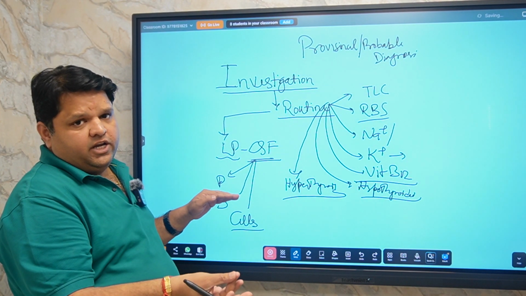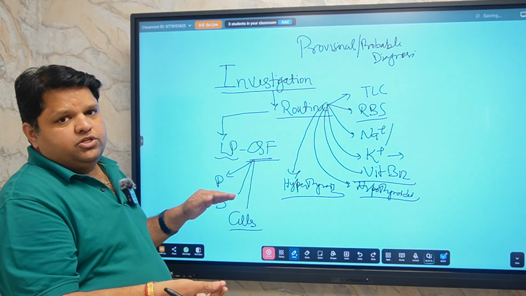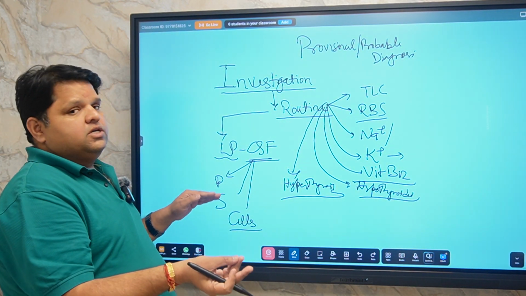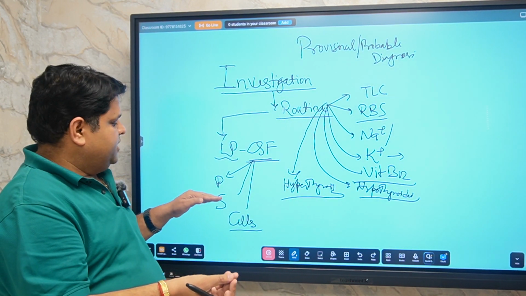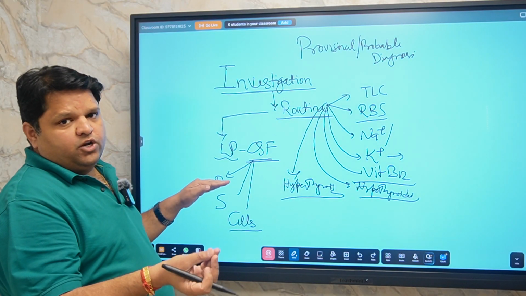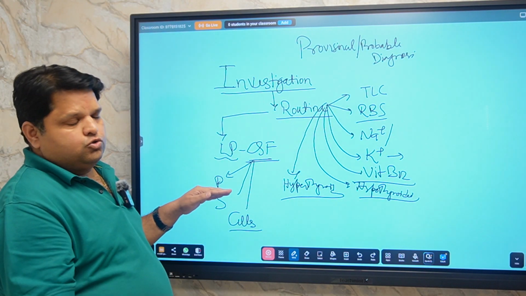or the lesion may be demyelinating, in which albuminocytological dissociation may be seen, or sometimes in GBS, which is an autoimmune or post-inflammatory type of disorder. In this also albuminocytological dissociation is present, and in CIDP also.